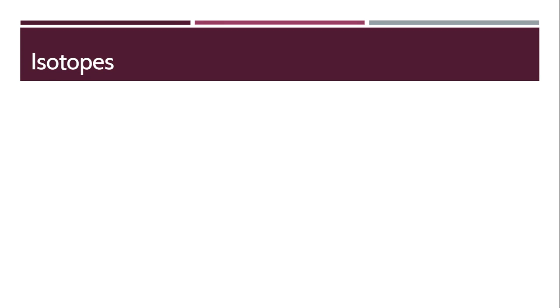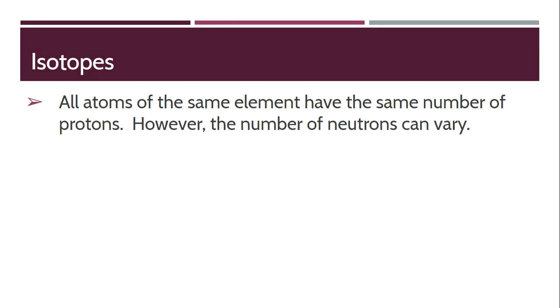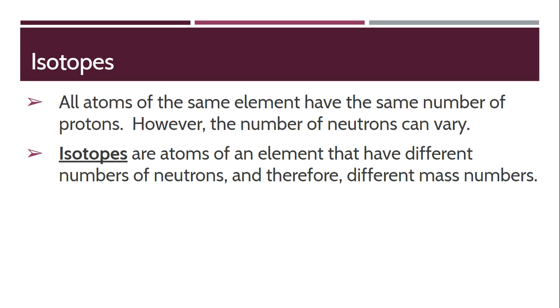Okay, the next term is isotope. So all atoms of the same element have the same number of protons. However, they may have a different number of neutrons. Isotopes are atoms of an element that have different numbers of neutrons and therefore have different mass numbers.